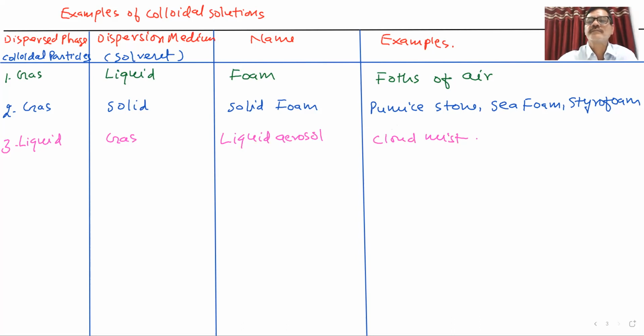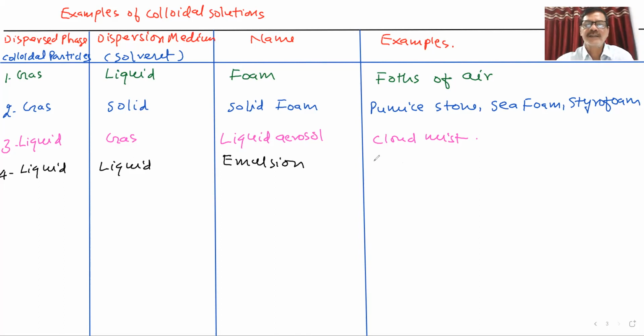Fourth example is the liquid. In liquid, both dispersed phase and dispersion medium are liquid, and it is called, sorry, emulsion.